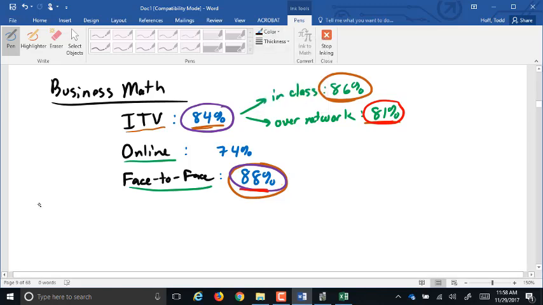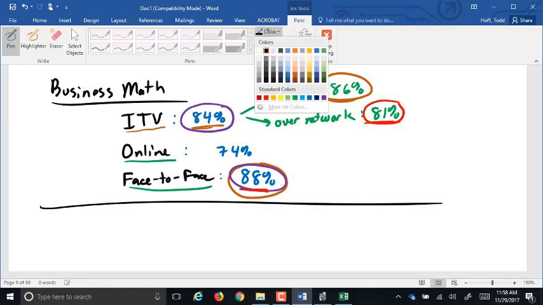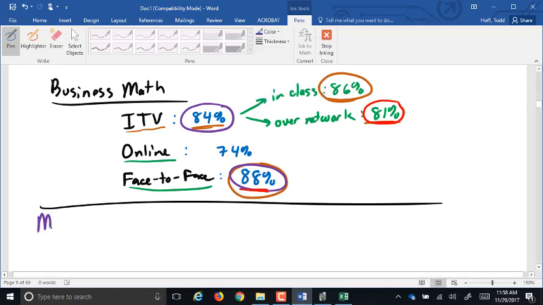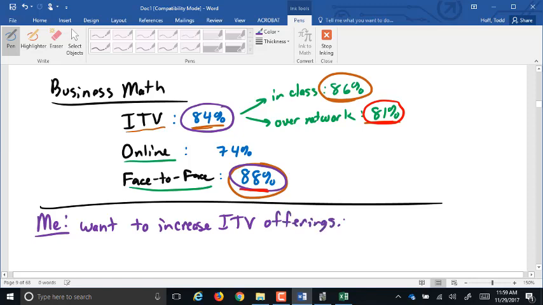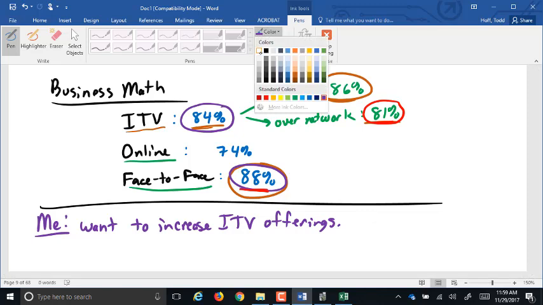So now here's the question. If my goal is I want to increase ITV offerings, which way should I present the data?